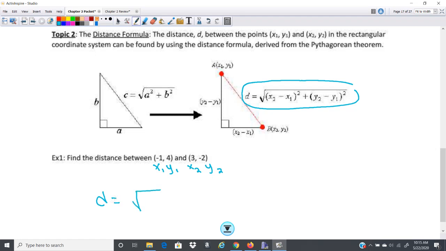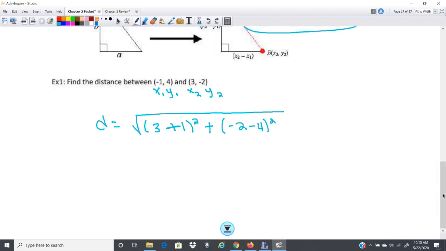So we're going to get the square root of x2, so 3, minus x1, negative 1. So that'll turn into 3 plus 1 squared, plus y2, negative 2, minus 4 squared. Okay, y2 minus y1. And then we will work that out. We have the square root of 4 squared.